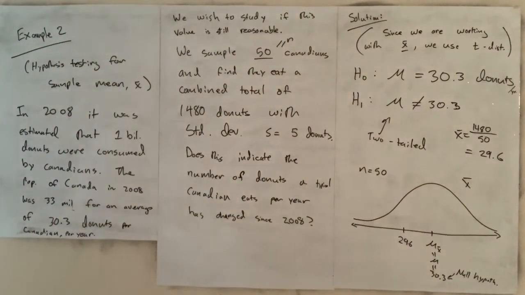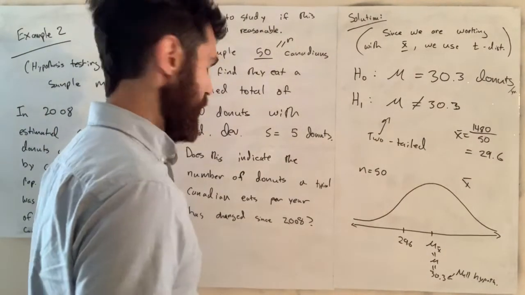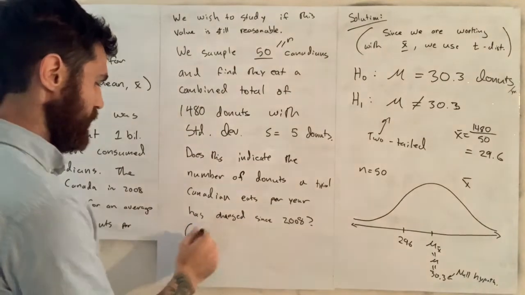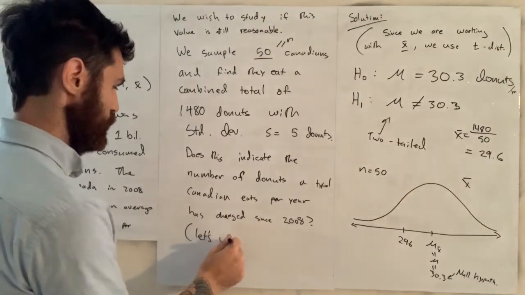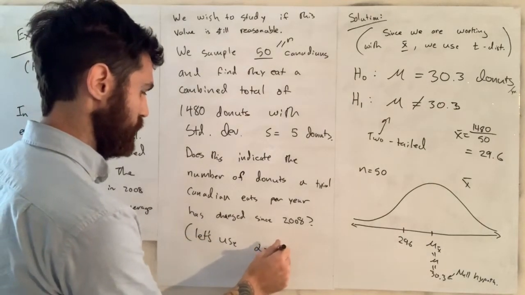All right, what haven't we done yet? Well, we actually haven't decided our critical region yet. So what I'm going to do is I'm going to say, let's use alpha equal to 0.05.